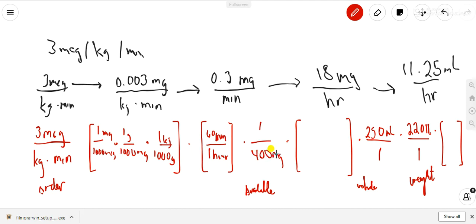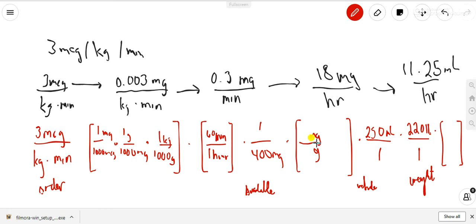Now I need to convert these milligrams into kilograms. So what I do is I realize that I have grams on the bottom. Well, I know I'm going to write milligrams first.